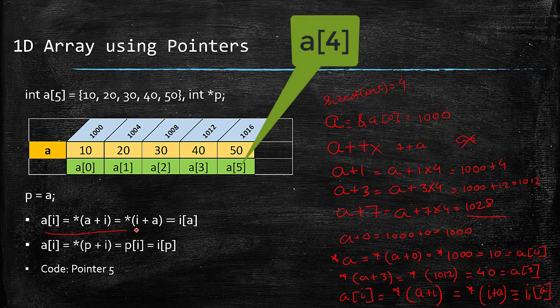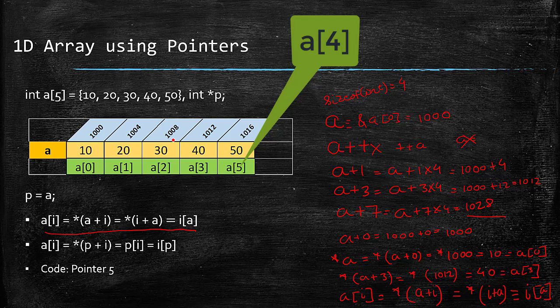Then let us discuss that array with the help of a pointer. A is an integer type of array and P is an integer type of pointer. A is holding an address of an integer value. So we can assign the address stored in A to P, and this will give no problem because their data type is the same.